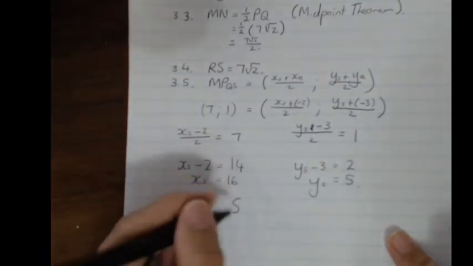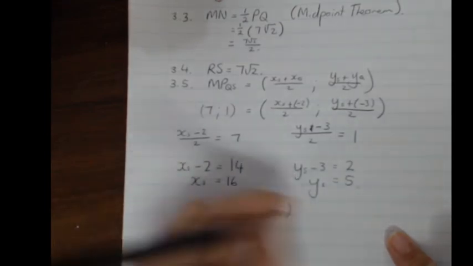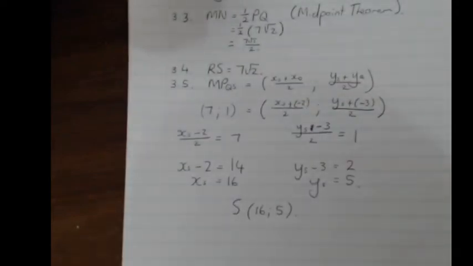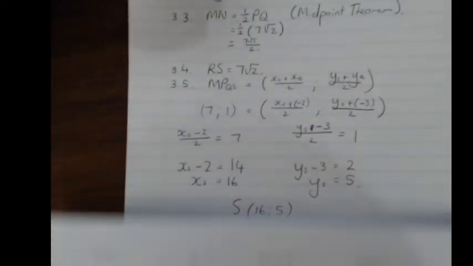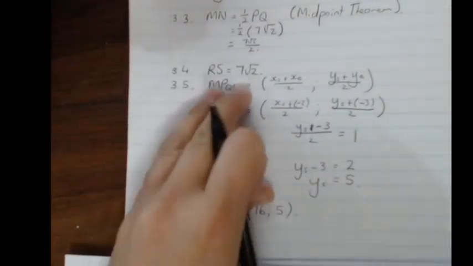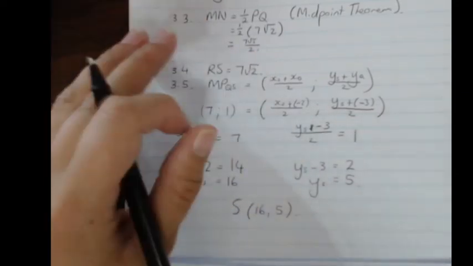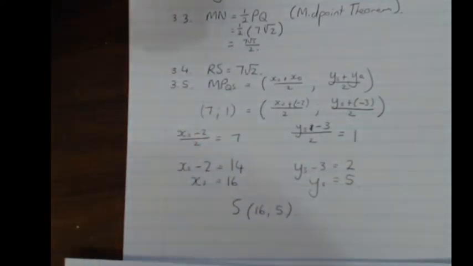So the coordinates of S are 16, 5. I think they should have asked this question maybe as 3.4 and this as 3.5. But okay, never mind, we got there.